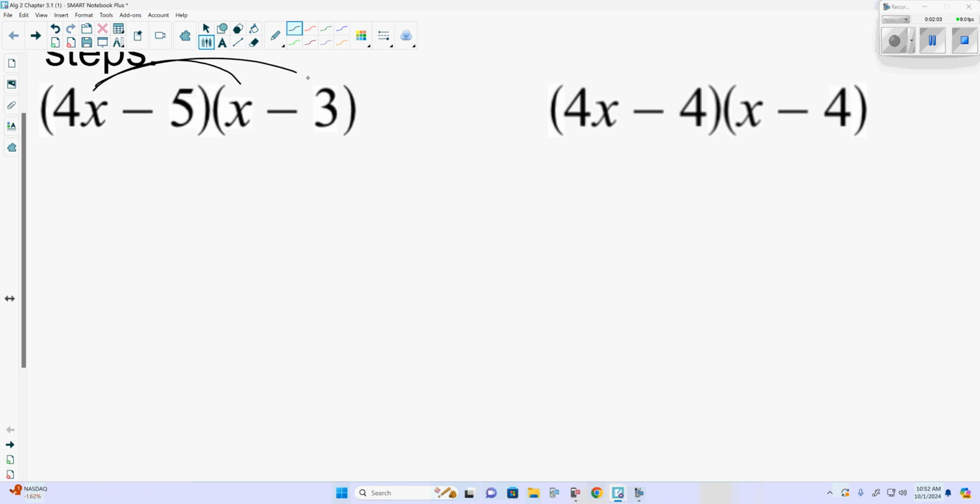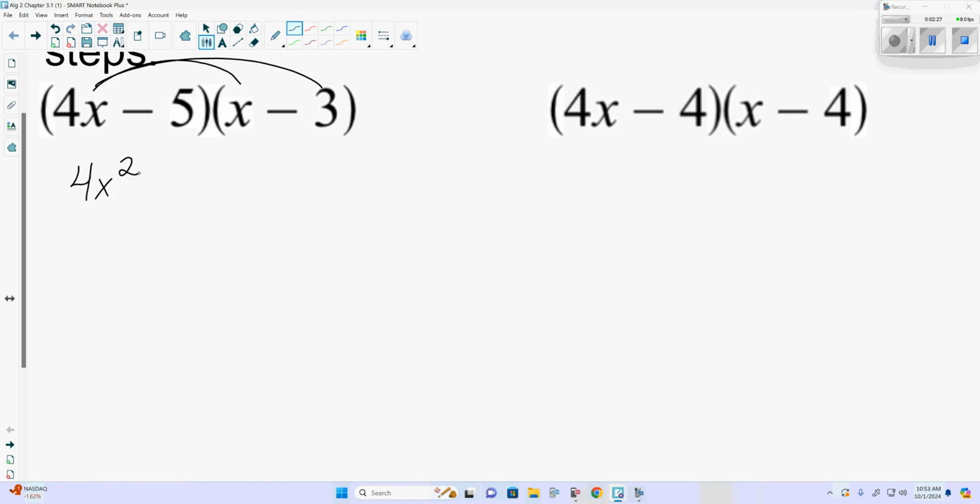We start out with multiplying through by the 4x. So we'd have 4x times x, which is 4x squared, because we multiply the numbers in front first. That'd be 4 times 1, which is 4. x times x is x squared.